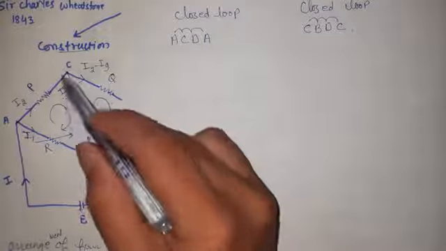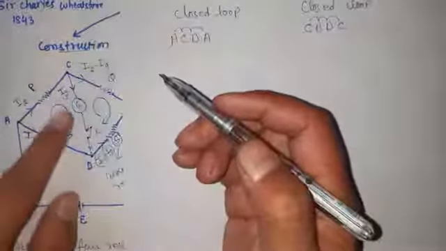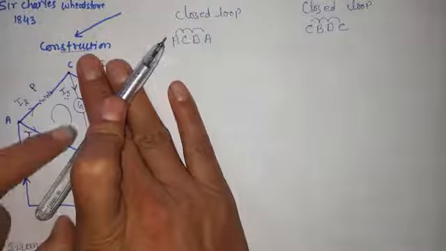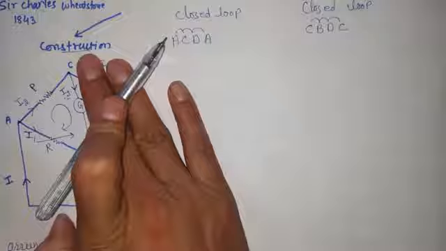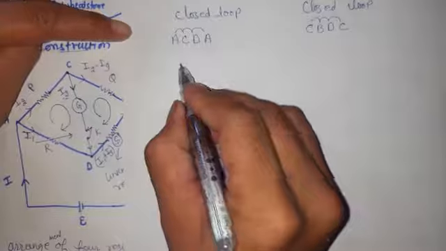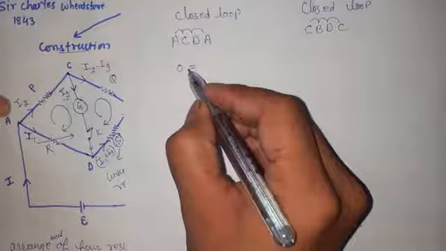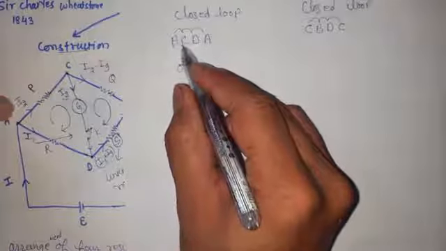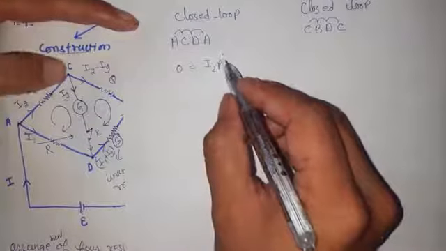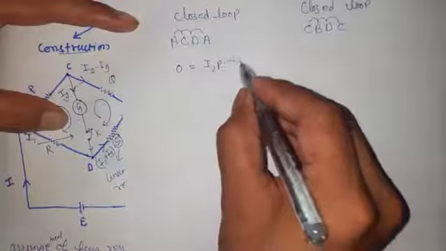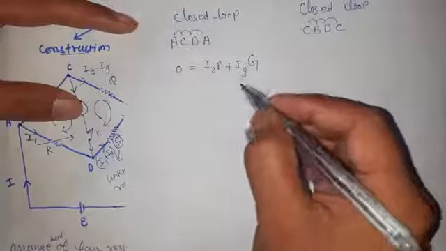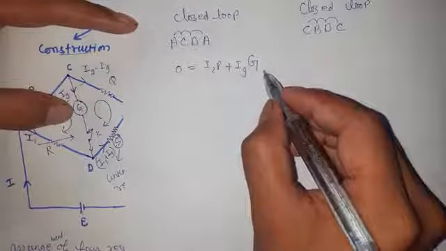So look over here in this first loop, this one part. Is there any source of EMF in it? There is no source of EMF in it. So therefore we are getting 0 is equal to, now when we are going from A to C, the I2 current is going to pass through P. When we are going from C to D, the IG current is going to pass through the galvanometer, and the galvanometer has resistance, so I have kept it as capital G over here.